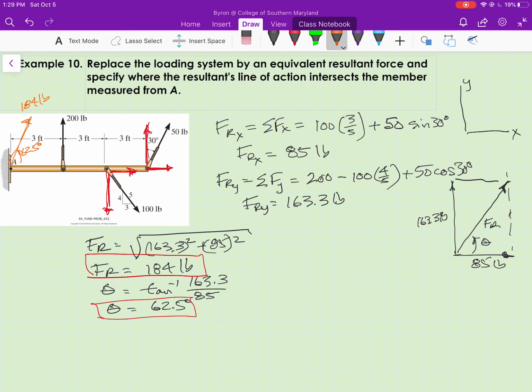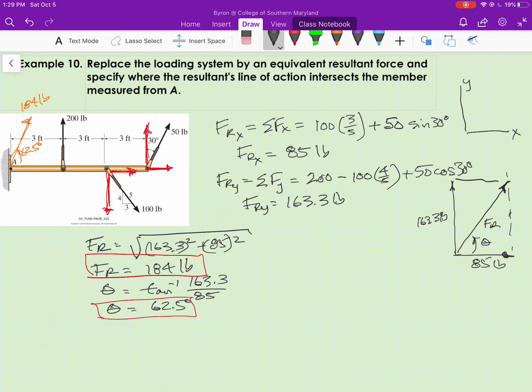Okay, now let's sum the moments about A, where we will account for the movement of those three forces to point A. Let's see, I think I have enough room to do that here.